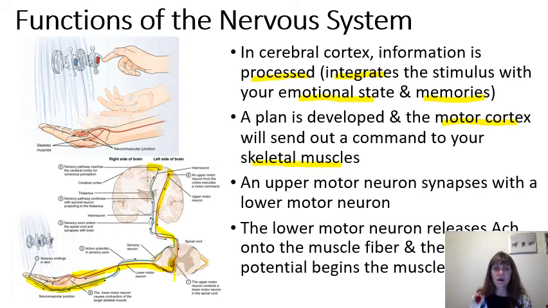There is an upper motor neuron that resides in the cerebral cortex and a lower motor neuron, which has its cell body in the anterior horn of gray matter of the spinal cord. The lower motor neuron is the one that releases acetylcholine onto the synaptic cleft at the motor end plate of the skeletal muscle fiber so that an action potential can initiate muscular contraction.